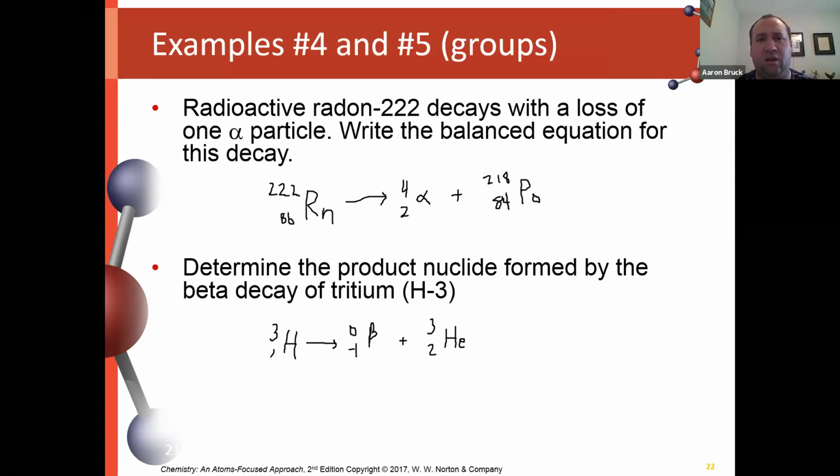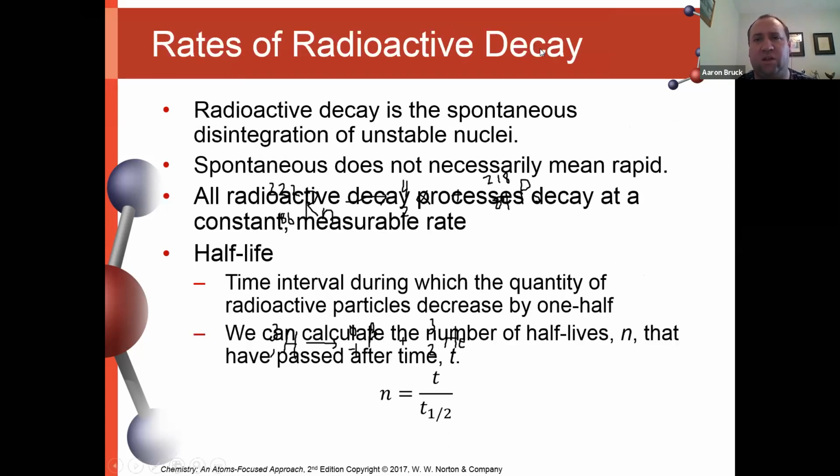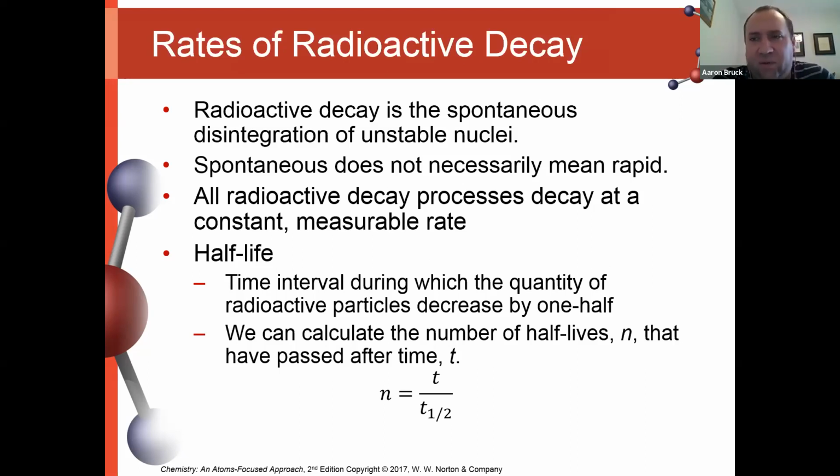All right. So the last thing that we need to talk about is the idea of rates of decay. Now we've talked, radioactive decay is that spontaneous disintegration. Thing about spontaneous is it doesn't mean that it's rapid. Spontaneous just means that it occurs on its own.